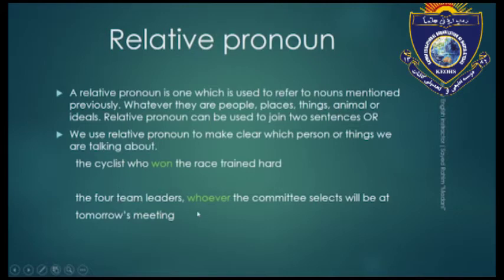The four team leaders, whoever the committee selects, will be at tomorrow's meeting. Here, whoever refers back to the noun, which is team leaders, or we can say whoever joins two sentences.